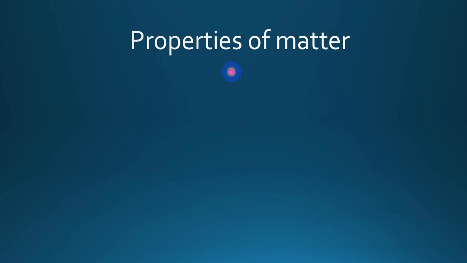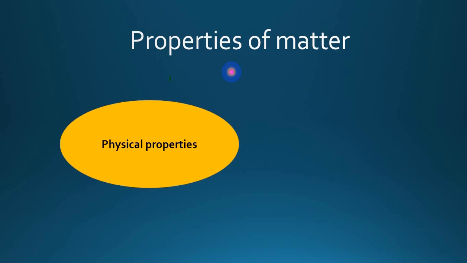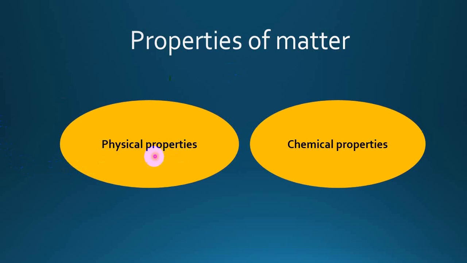If I want to know any matter better, to study it better, I must study the properties of matter. Here I have two types of properties: physical properties and chemical properties.